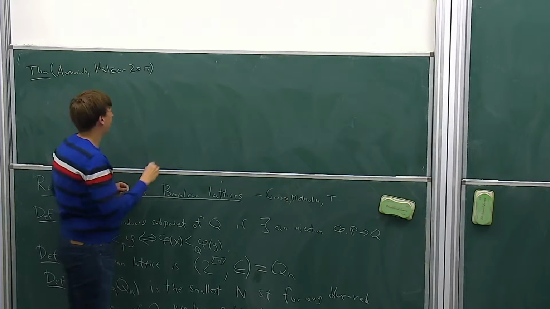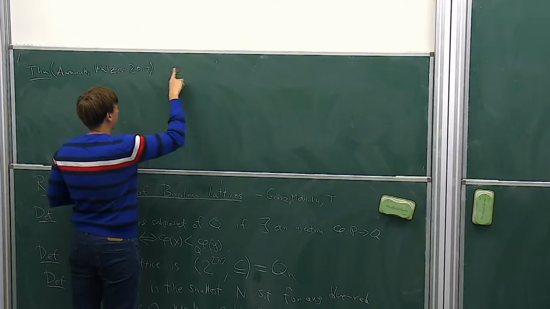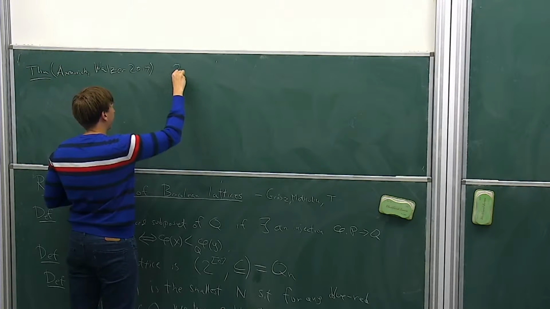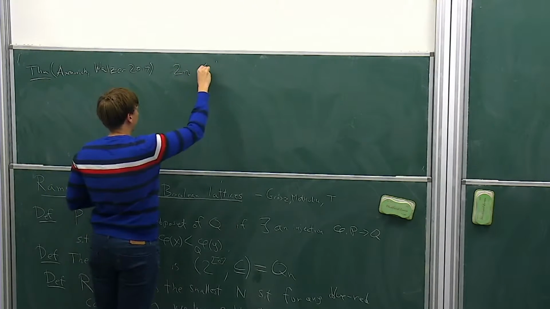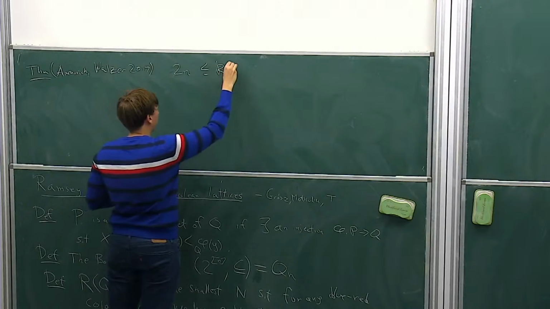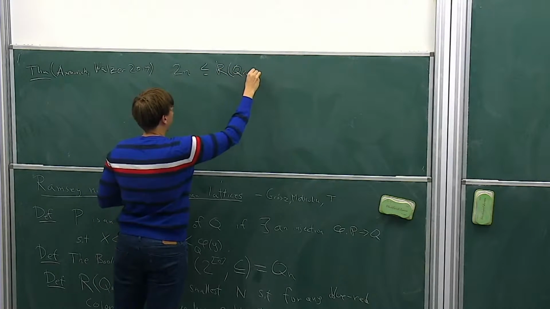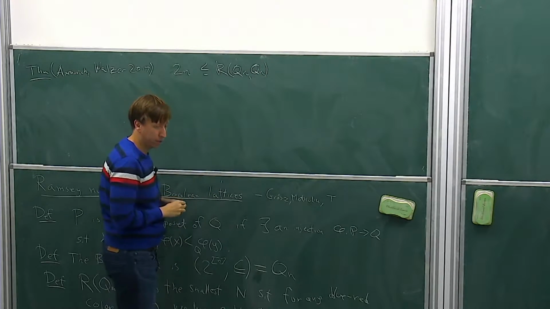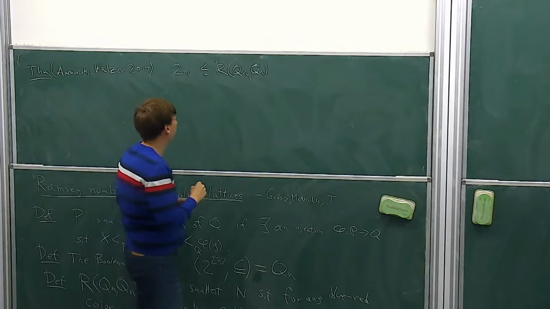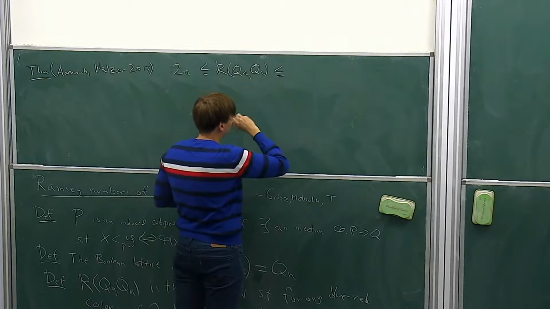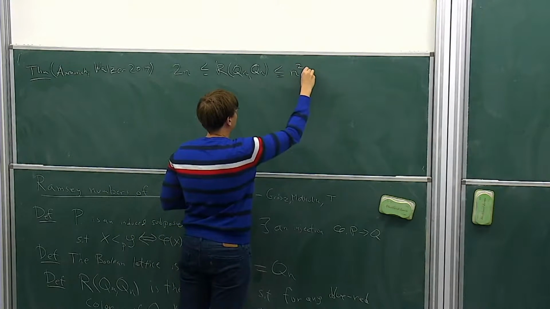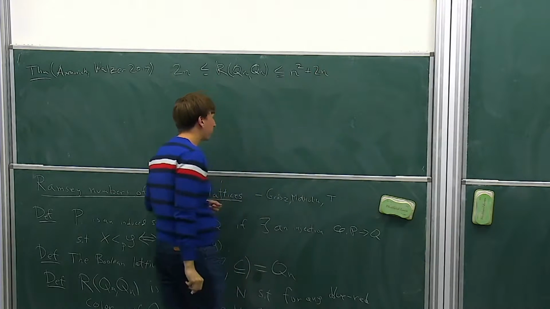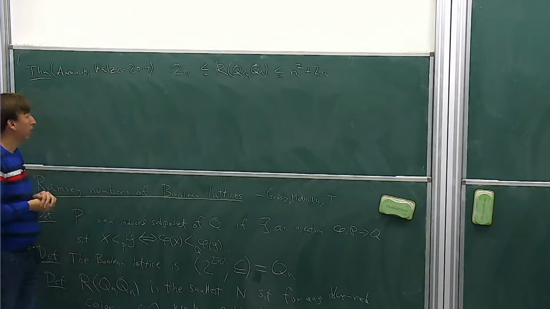They showed that 2n is less than or equal to R(Q_n, Q_n), and this is at most n squared plus 2n.